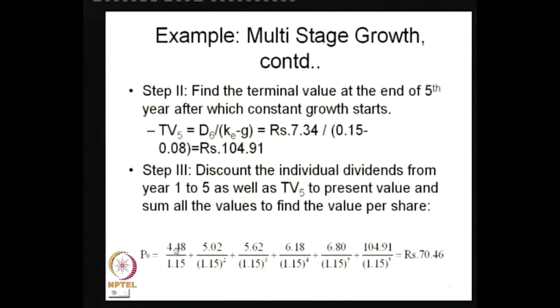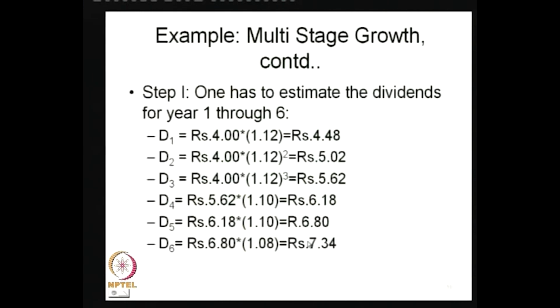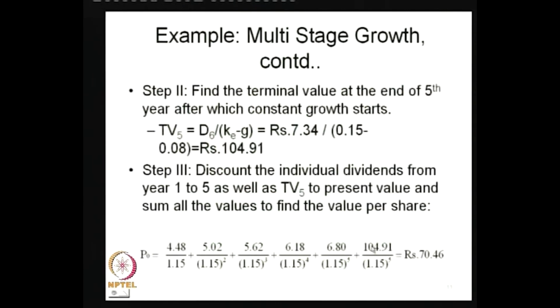The 5 year dividends, 4.48 to 6.80, and the 104.91 are discounted at the respective 15% discounting factor. First year is discounted once, second year twice, like that, and we get a value per share of 70.46.